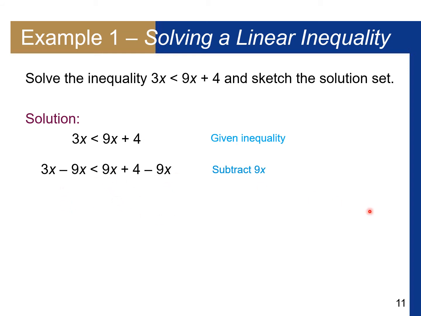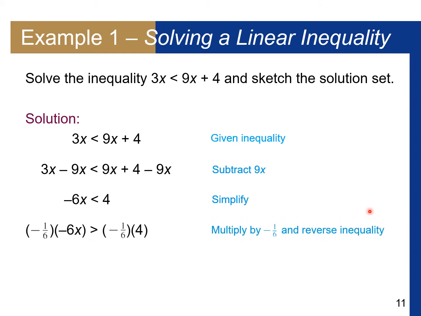When we do that, we will have negative 6x is less than 4. Now I need to divide both sides by negative 6, or you can say multiply both sides by negative 1/6. And since you are multiplying or dividing by a negative, you're going to have to flip your sign. And notice the sign went from less than, reading it from right to left, to greater than.